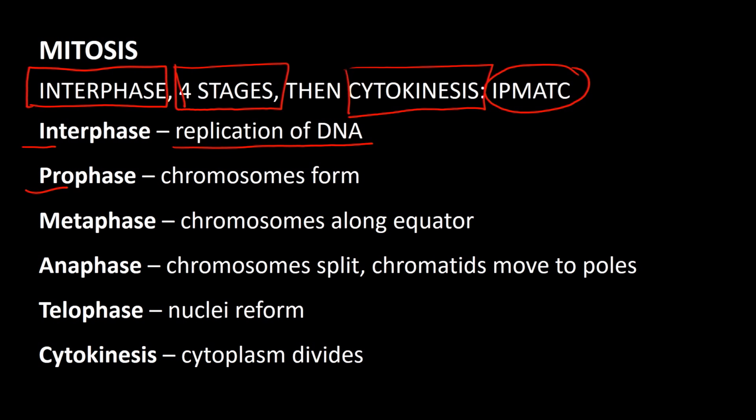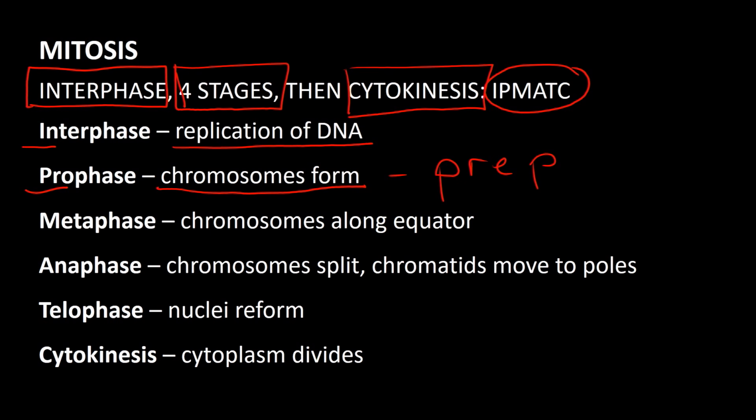Then the P for prophase. You can think of it, that's the preparation phase. And what is it preparing? It's preparing the chromosomes. So it's winding up those long, thin threads of DNA into these chromosomes so that they can easily be sorted out. The next phase is M, and you can always remember M stands for middle, because in metaphase the chromosomes arrange themselves along the equator, which is the middle of the cell.